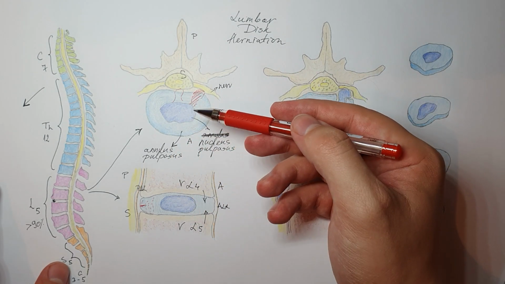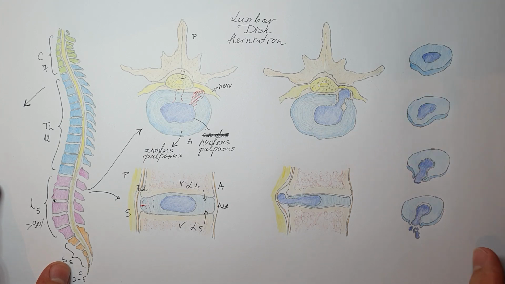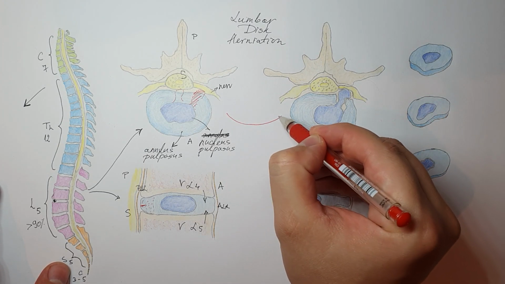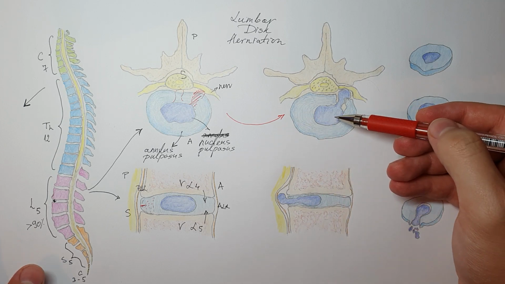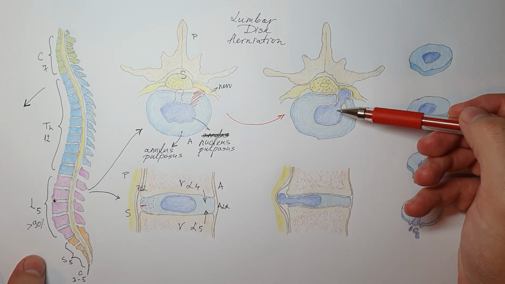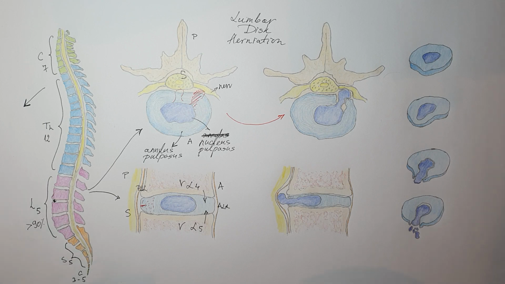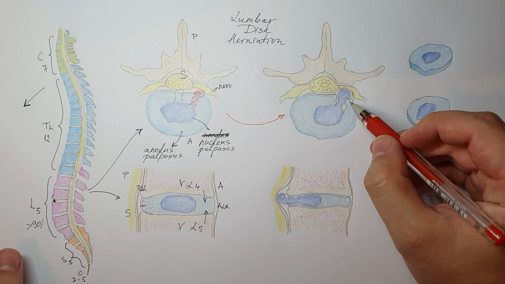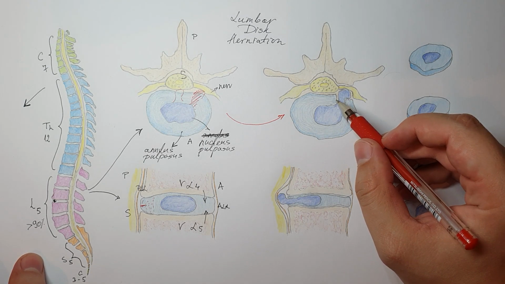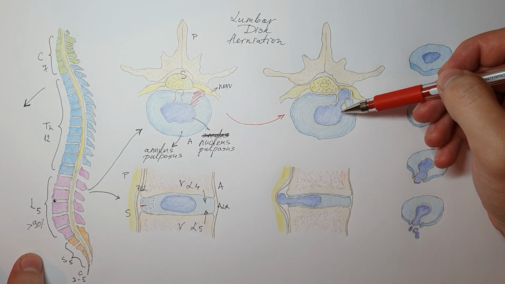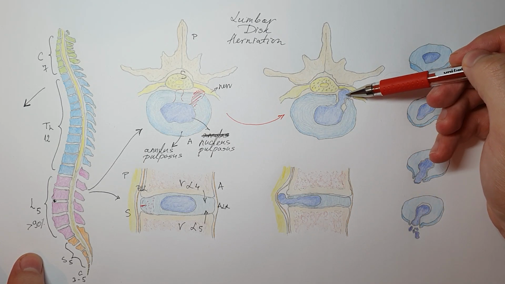If we look at this in the pathological way, from a bird's eye perspective, we see what happens. Because of stress on the annulus, it breaks, and the breakage site is where the nucleus comes out.